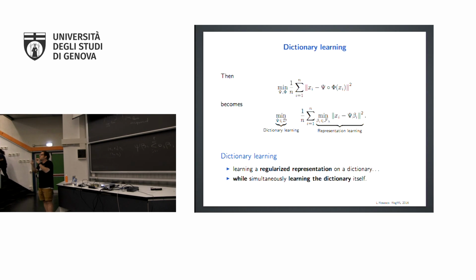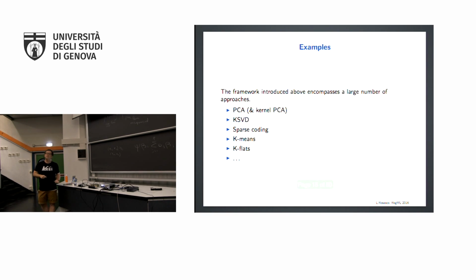Okay, so now we are at the step where we said, I like reconstruction, but reconstruction doesn't give me a selection criterion for the solution. I put some extra constraint, and here is my general framework. Can we recover some useful algorithm by specifying F lambda and D? This is a partial list. So PCA, kernel PCA, sparse coding, k-means, an extension of k-means that mixes things up with PCA called k-flats, and the list is long.